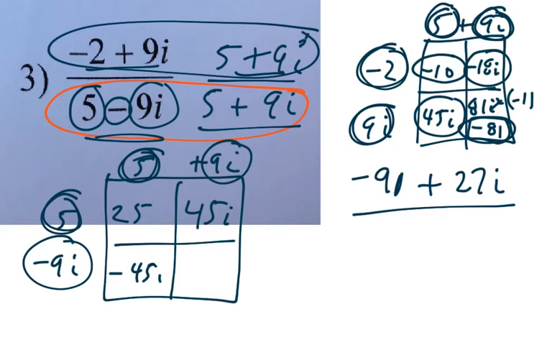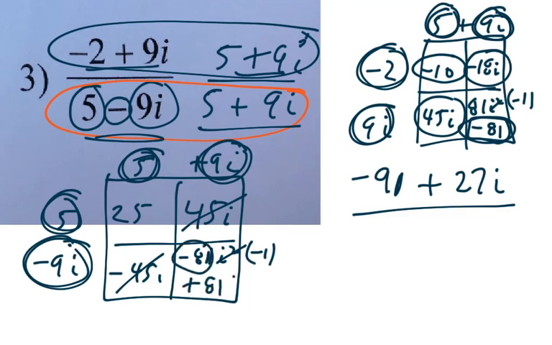See how the 45s cancel each other out? No more complex number i anymore. And finally, 9i times negative 9i is negative 81i squared. But of course, i squared being negative 1 times the negative 81 is positive 81. So putting together, I have 81 and 25, which is 106.